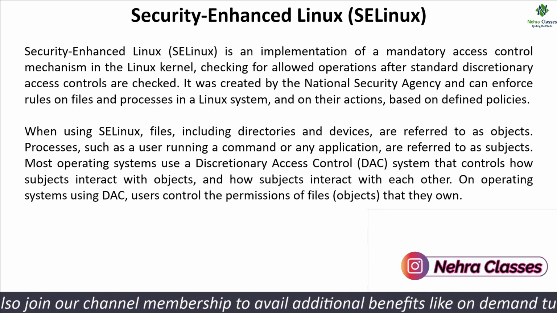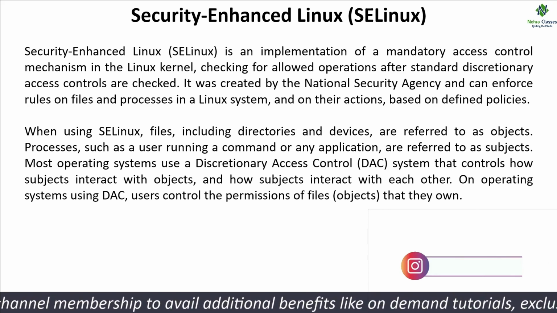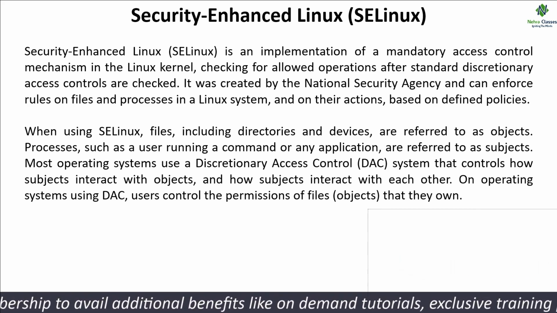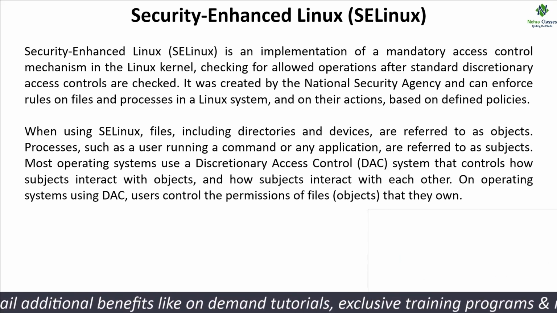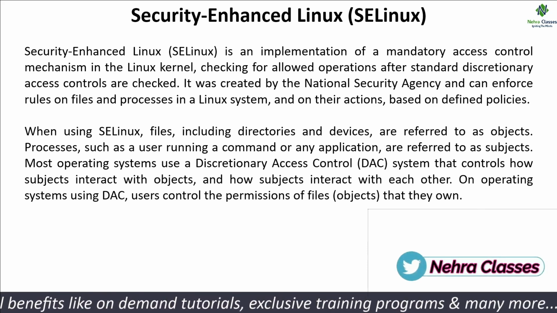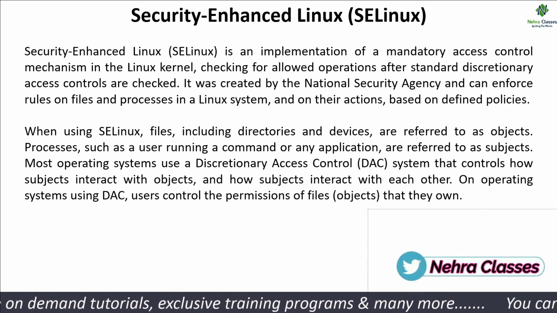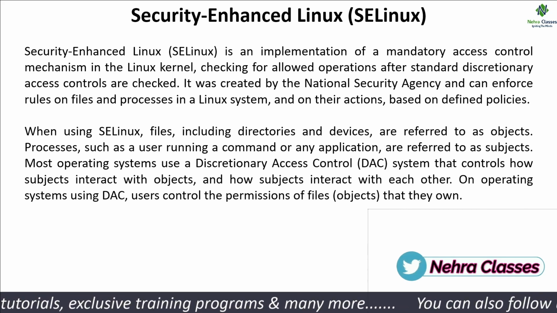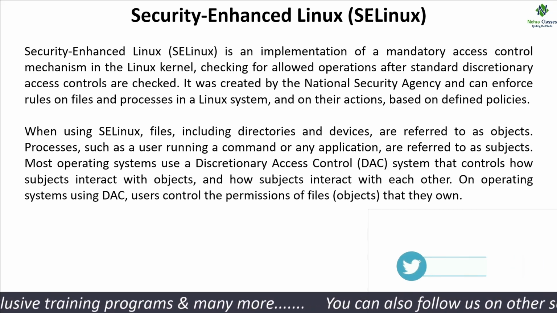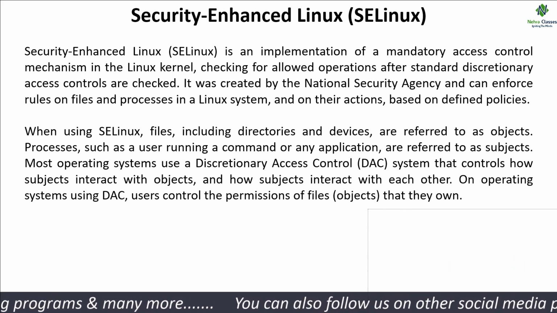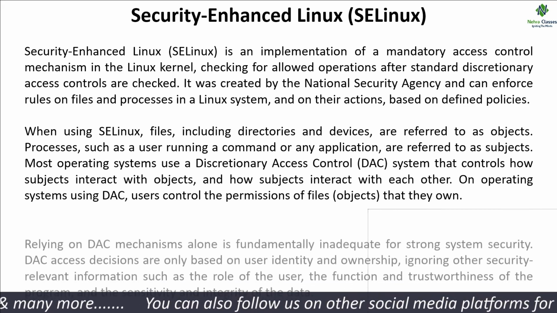On an operating system using discretionary access control, users control the permissions of files or objects that they own. As I showed you, this is how you can give permission or access to any other user. This is called the discretionary access control mechanism.